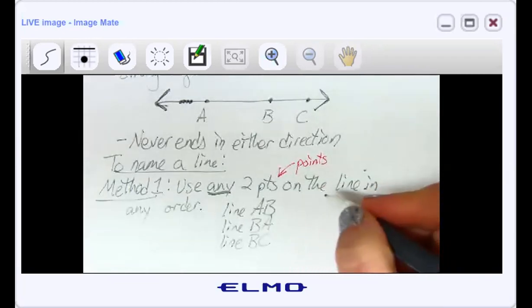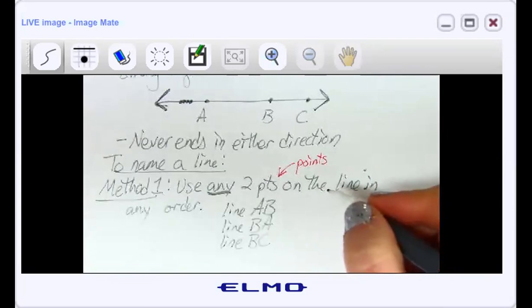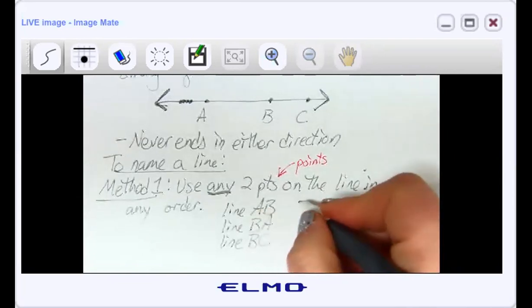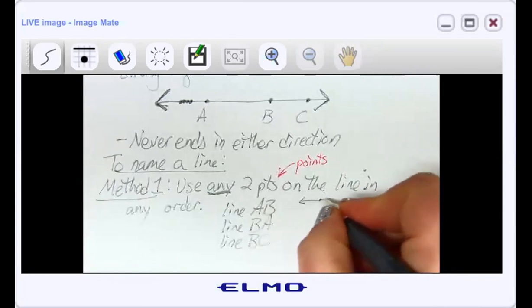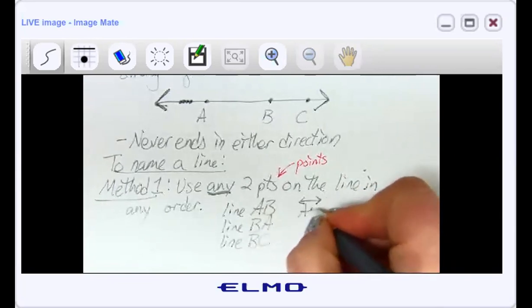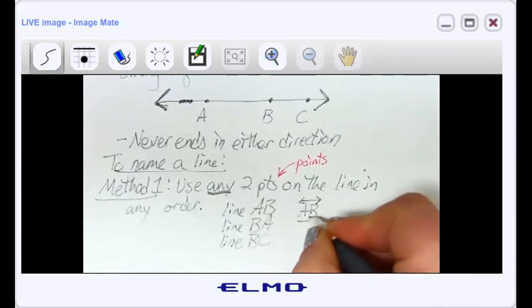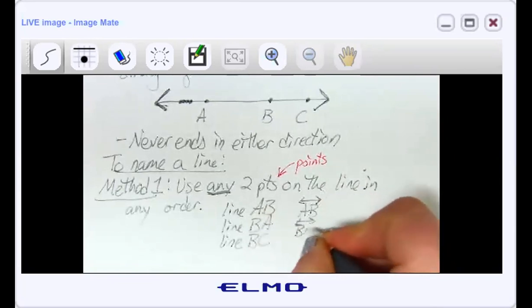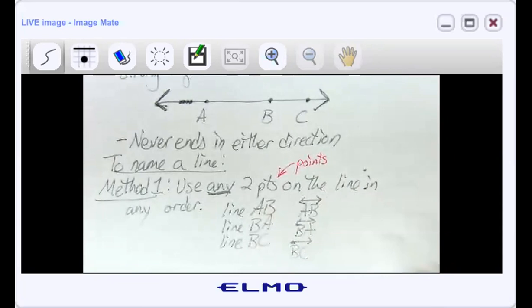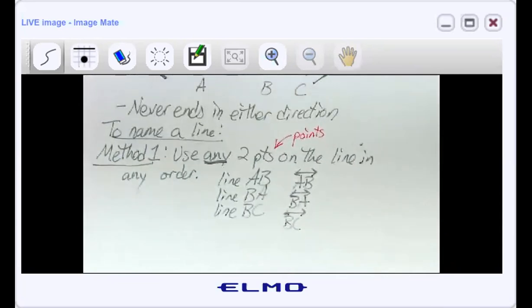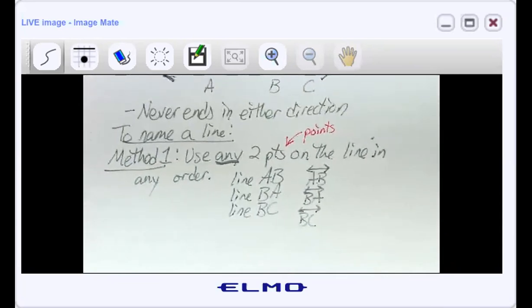You could also use the symbol for line if you don't want to write out the word. So the symbol looks like this. You literally just draw a line and then you put the letters underneath. So any of those would be acceptable also.